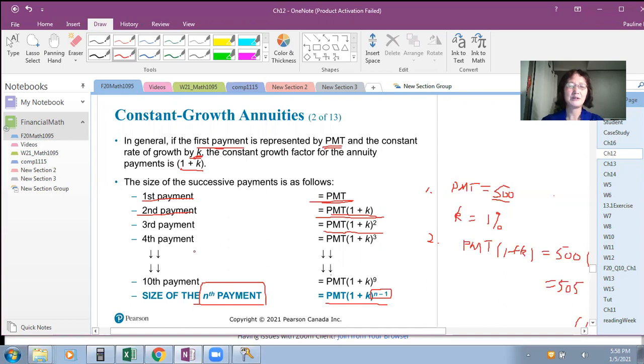So you keep on going until, for example, the 10th payment. The 10th payment is PMT times 1 plus K raised to power 9. Generally speaking, the size of the nth payment is PMT times 1 plus K raised to power n minus 1.